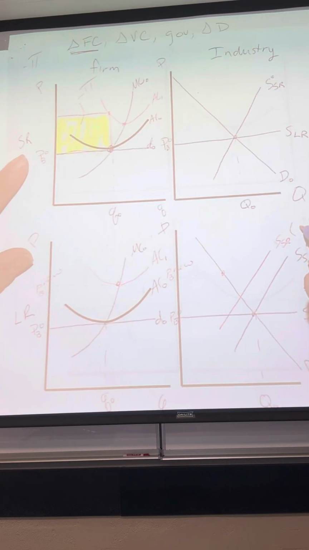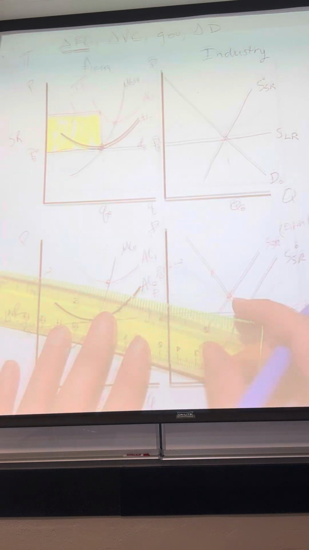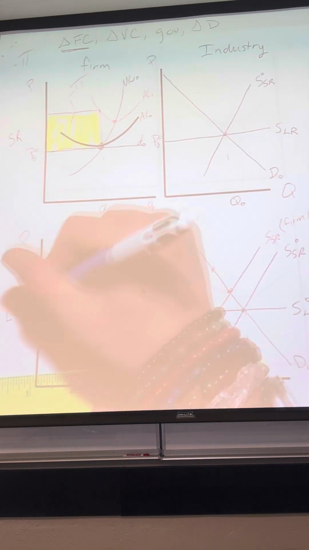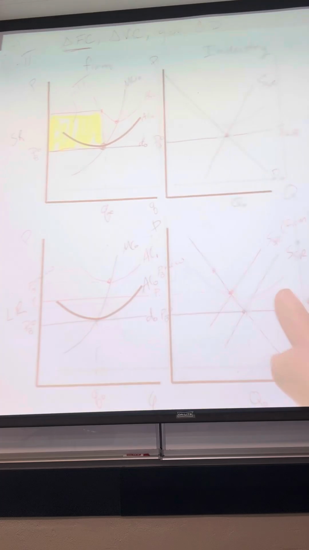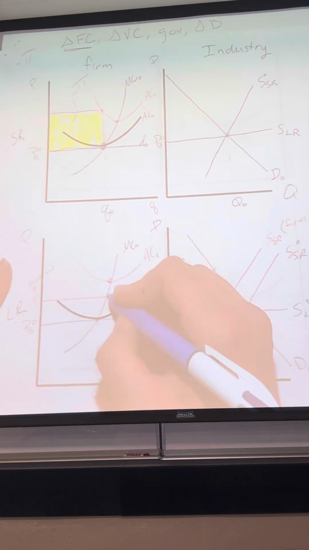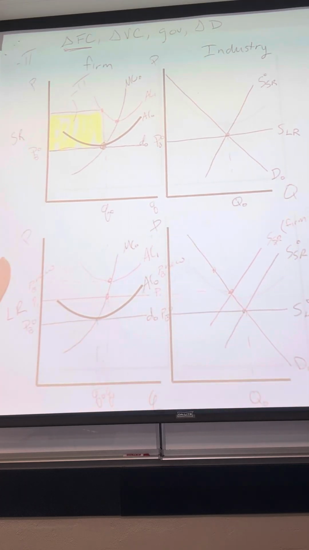So firm 1 exits. The intersection of supply and demand happens at P1. Firms take that price as given, and they set the new marginal revenue equal to the new marginal cost. And they produce just a little bit more.